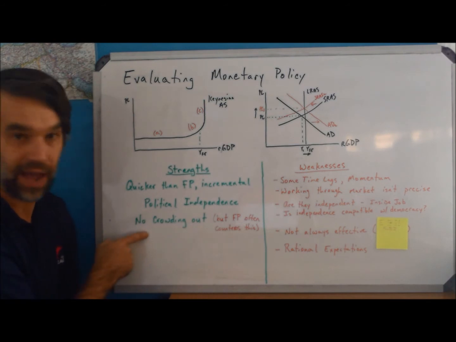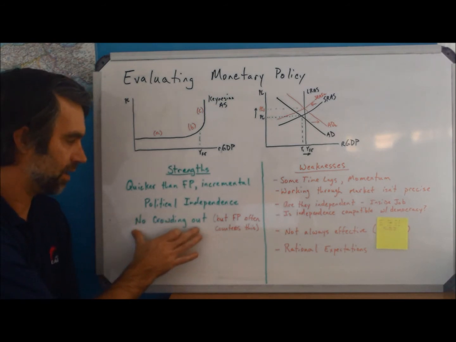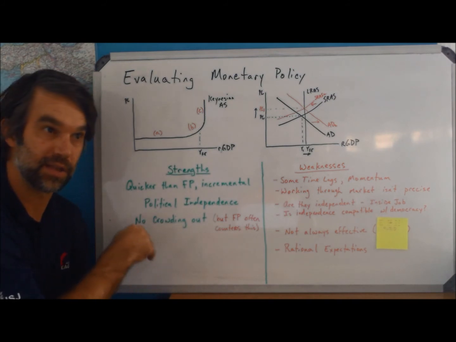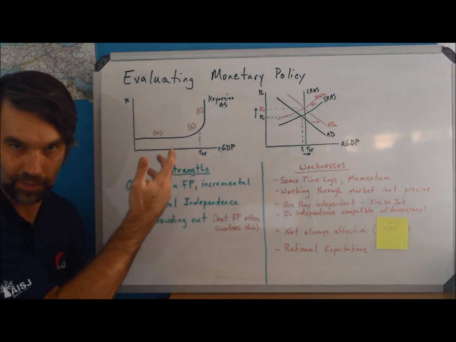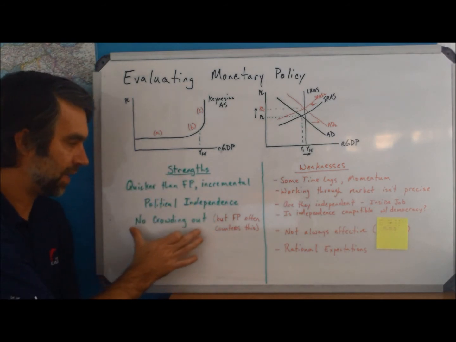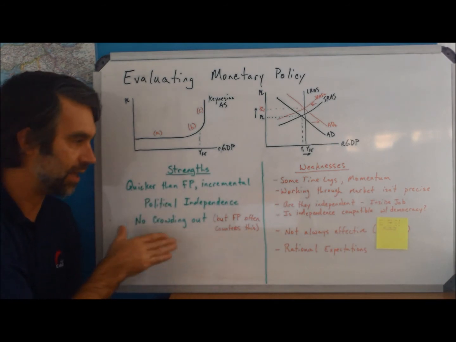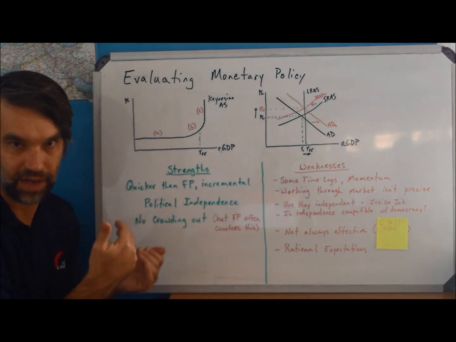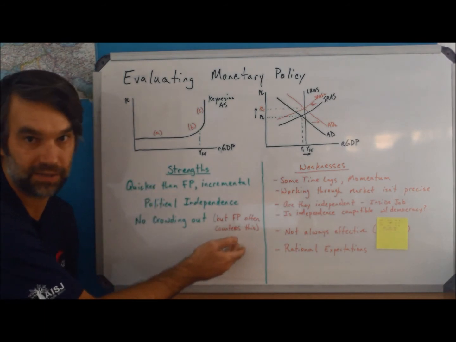There's not going to be any crowding out in this. Remember, crowding out happened with fiscal policy. Crowding out happened because increased borrowing meant interest rates went up, and that would decrease the amount of consumption and investment. Well, here, because they're actively pushing the interest rate down, it can counteract the effects of crowding out that might be happening because of fiscal policy.